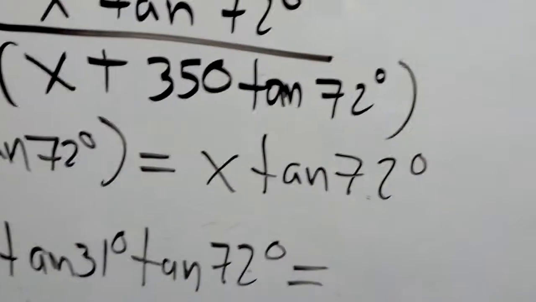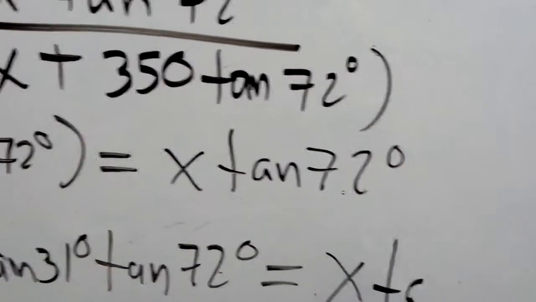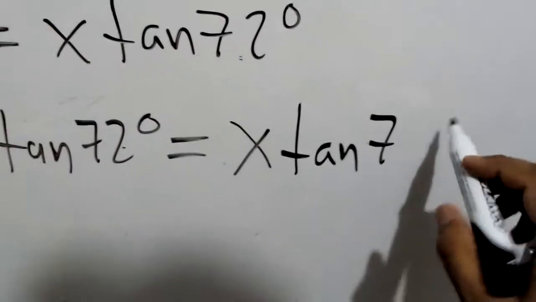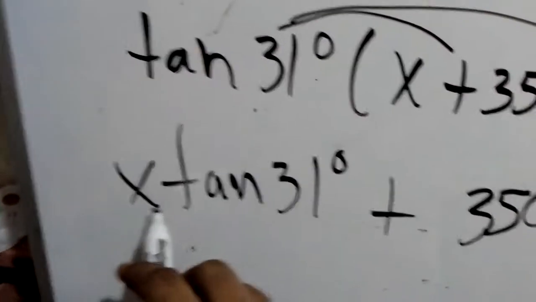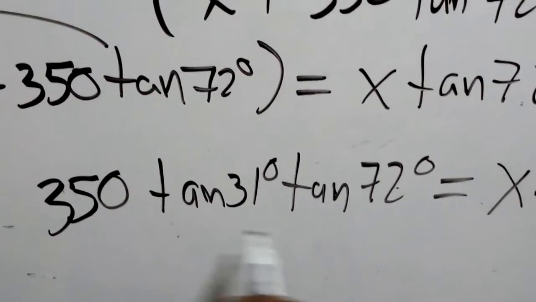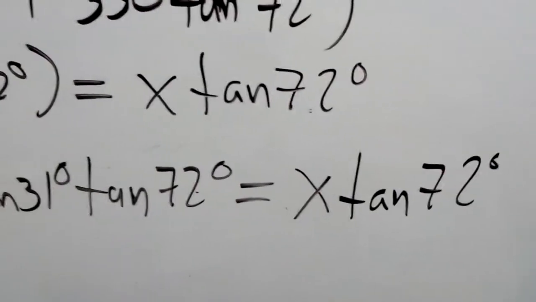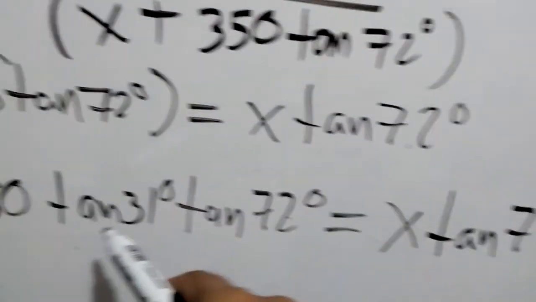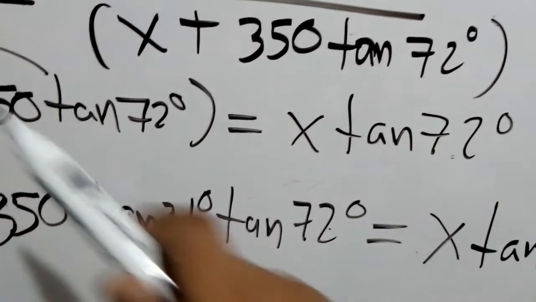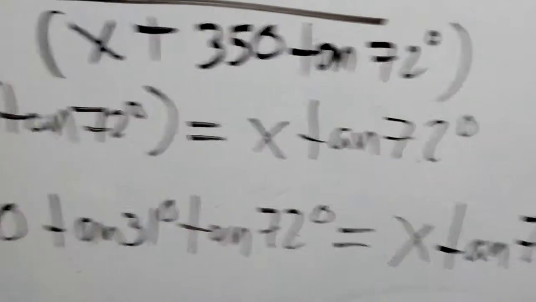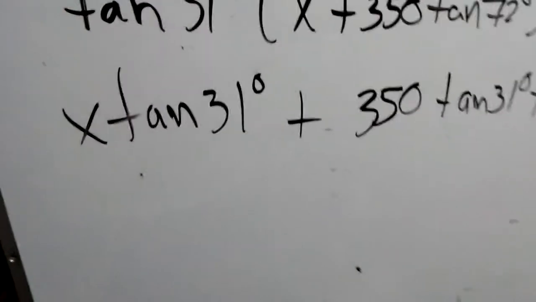So this is x tangent of 72 degrees, okay? Now that you have this term with an x, this term doesn't have an x, this term has an x, so let's put everything with x in the left hand side and the rest in the right hand side of the equation, okay? It's the usual technique for solving equations in one variable.